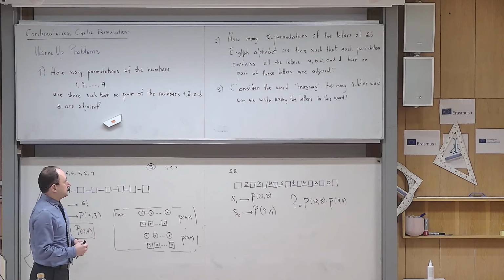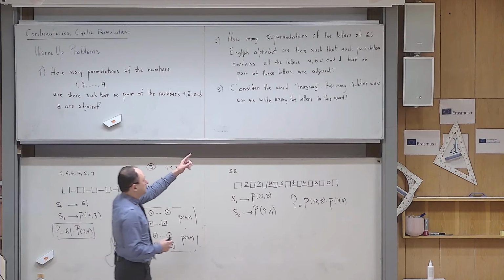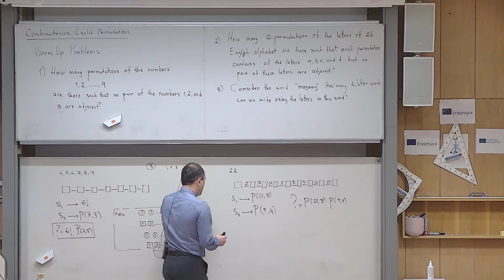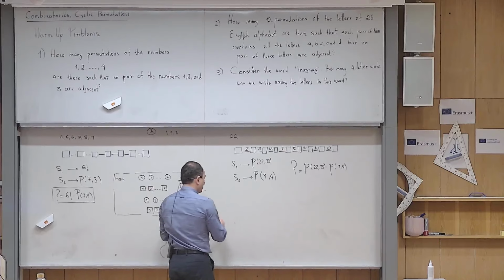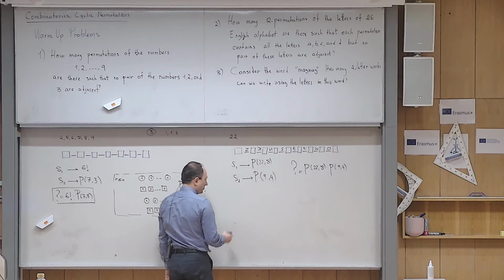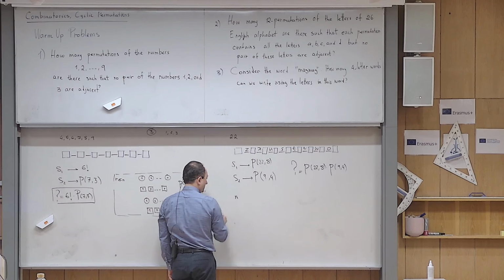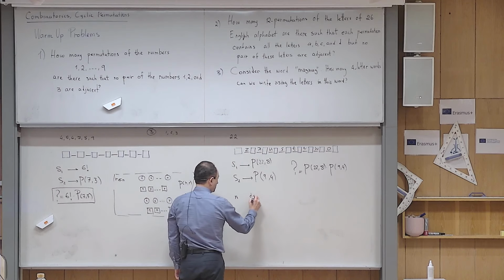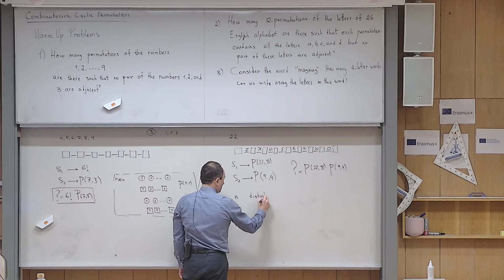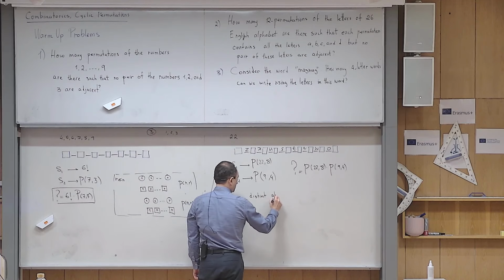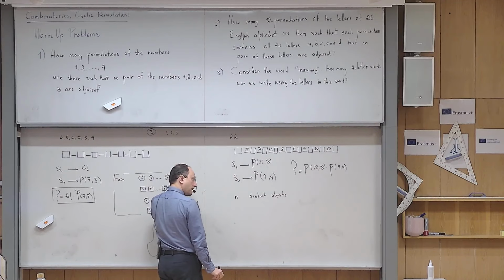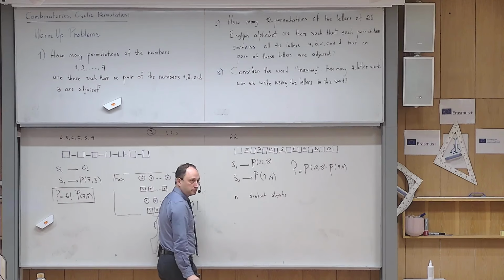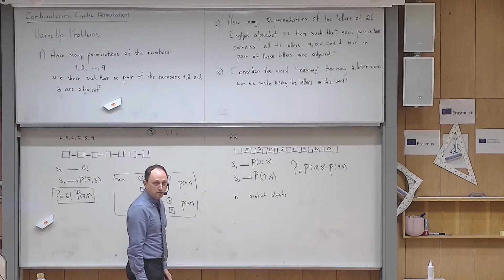What about the last one? Let me also discuss a little bit about this word. Let me tell you what we have so far. So you remember, this is what we have so far. If I have n distinct objects, and I want to arrange them, and I want to use all of them, in how many ways can I do that?